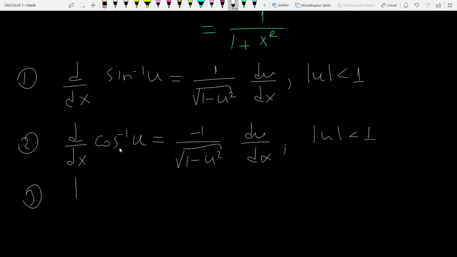The third one, the derivative of arctangent u, inverse tangent u, is equal to 1 over 1 plus u square times the derivative of u with respect to x. Okay, this is the third one.